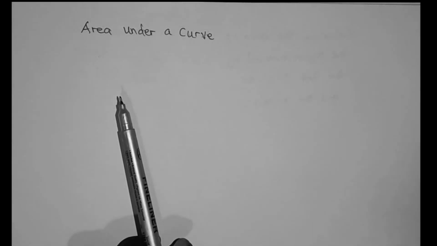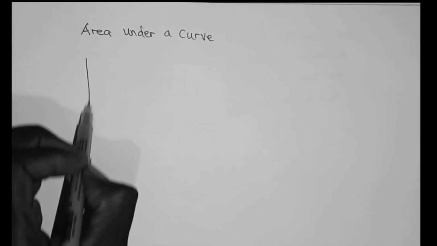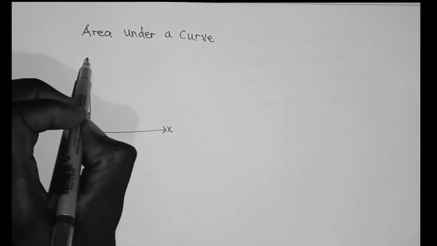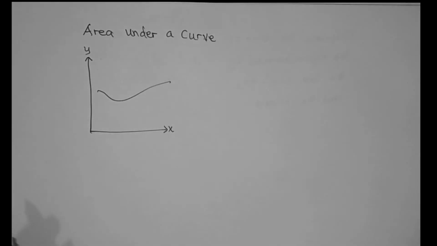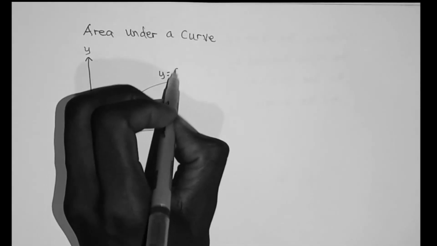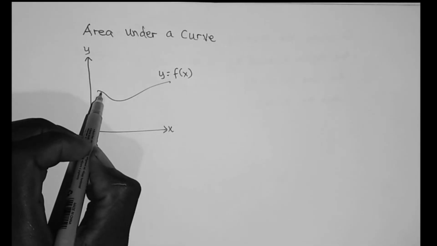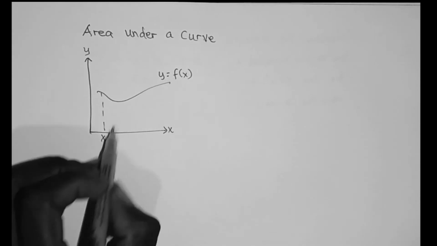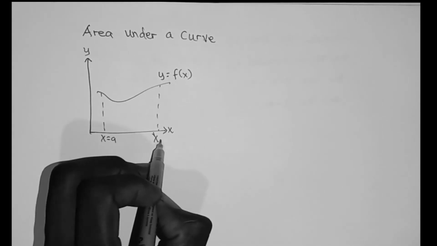So now let's talk about area under a curve. Let's assume we have, in a Cartesian plane x, y, a curve like this, where y is equal to f of x. And then let's assume that this is x equals a, and this point is x equals b.